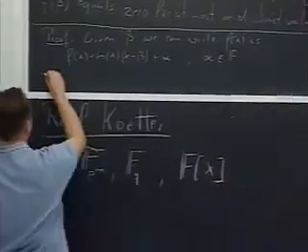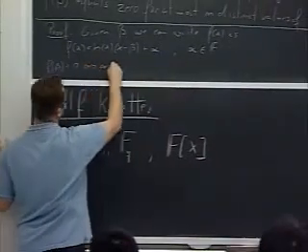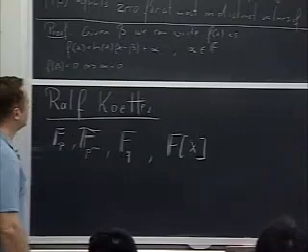Then f of beta is equal to 0 if and only if alpha is equal to 0.